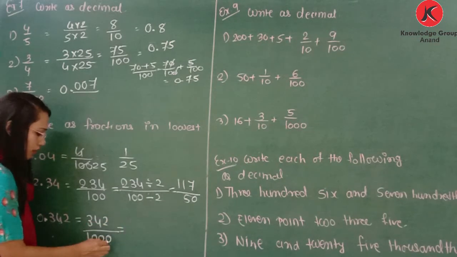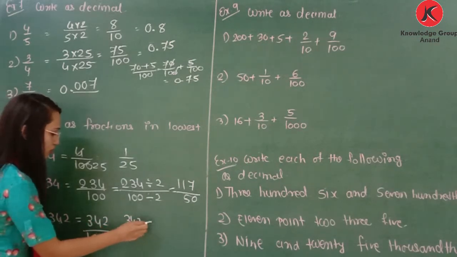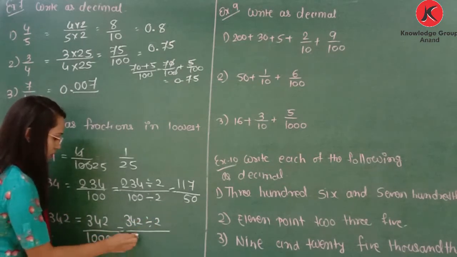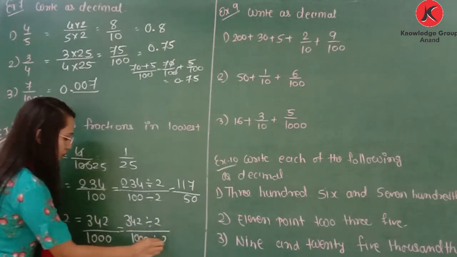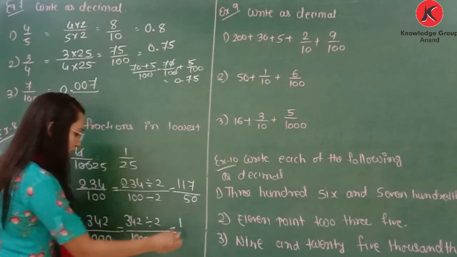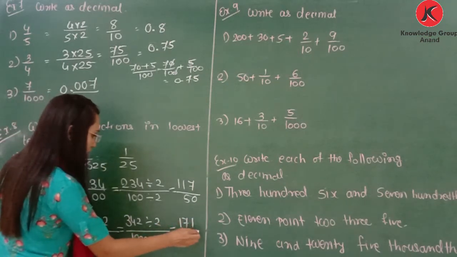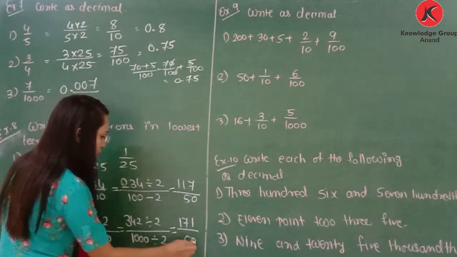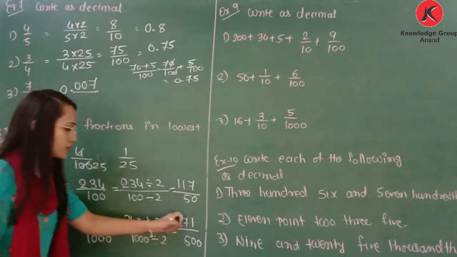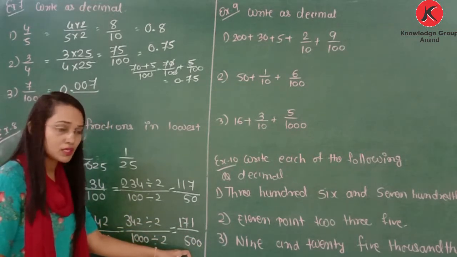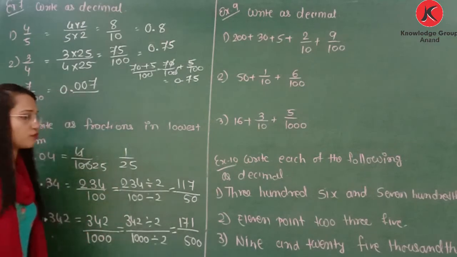Now divide both numbers by 2. 342 divided by 2, and 1000 divided by 2, so we will get 171 by 500. Again we cannot further divide both numbers by the same number. That's why this is the simplest form.